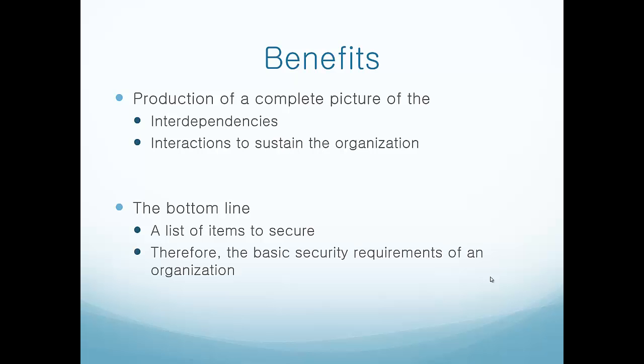And therefore, it also builds the basic security requirements of an organization. Not just an immediate set of requirements necessary for protecting your system of primary concern, but also the security requirements associated with the primary security requirements to protect your system of primary concern.